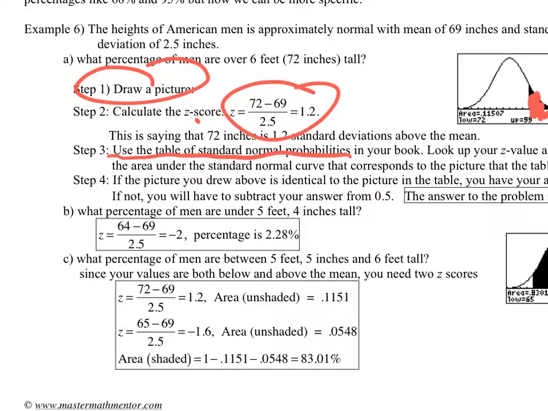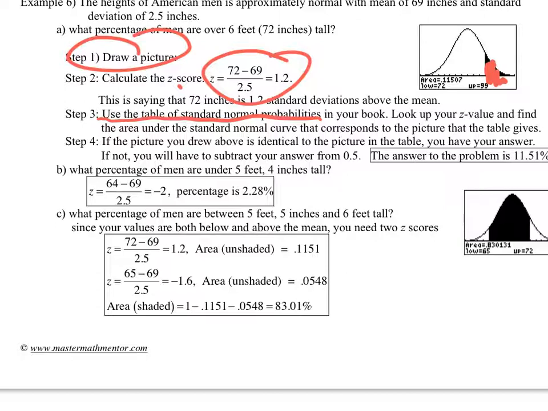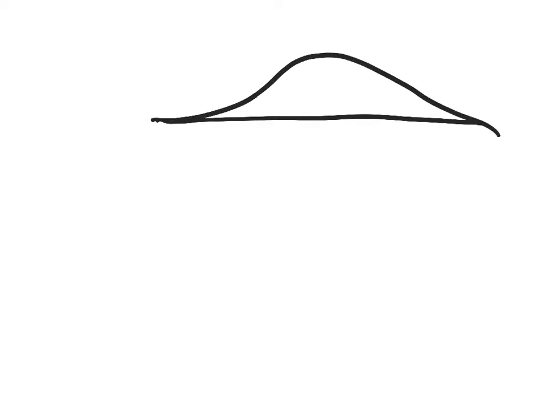B, what does B say? What's the percentage of men that are under 5 feet 4 inches tall? We've done this before. 69, add 2.5, add 2.5 again, and 2.5 one more time.